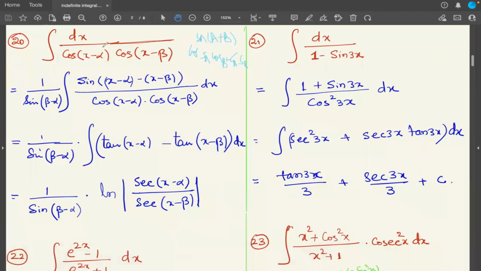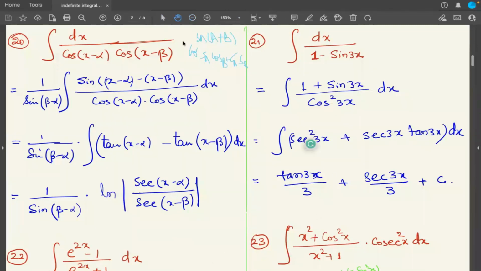So in the numerator nothing is given. This is a complex function with no direct integral we know. So our approach is to convert it into a favorable integral जिसकी integration हमें पता हो. What we do is take sin of (x minus alpha) minus (x minus beta), which comes out to a constant. Here the variable is x.